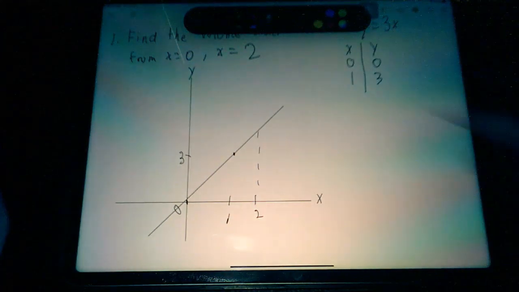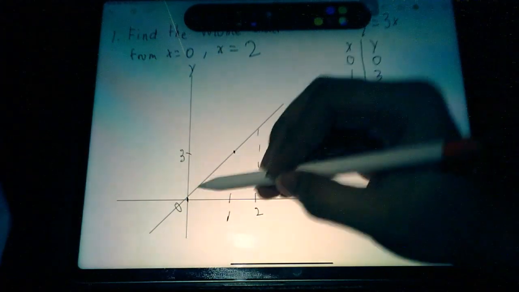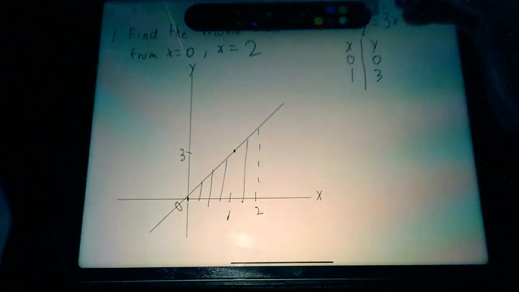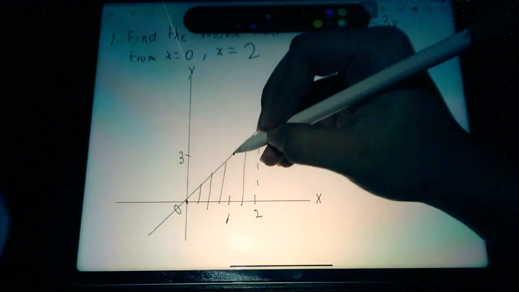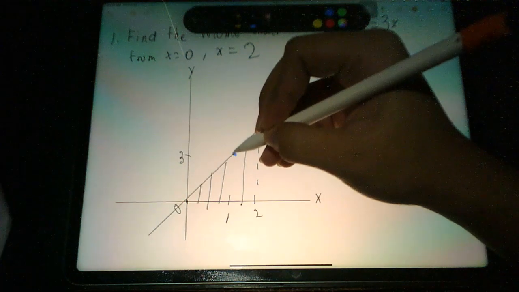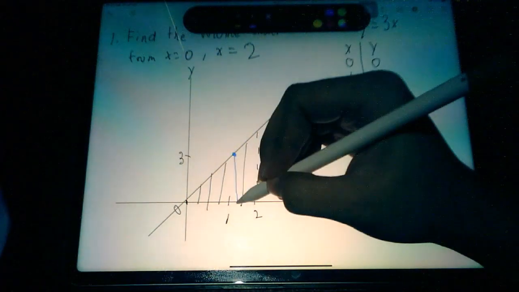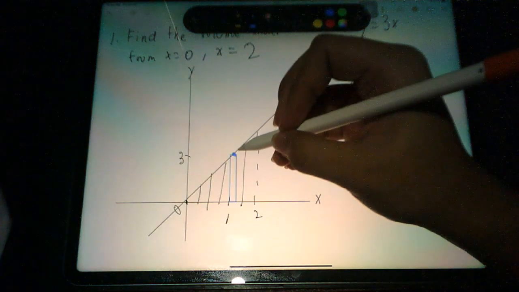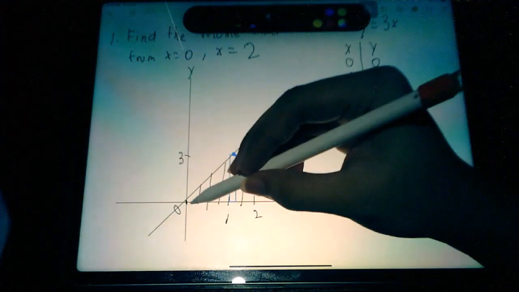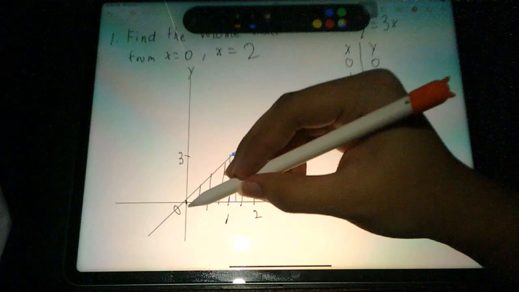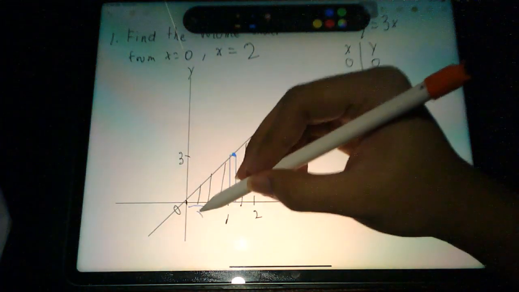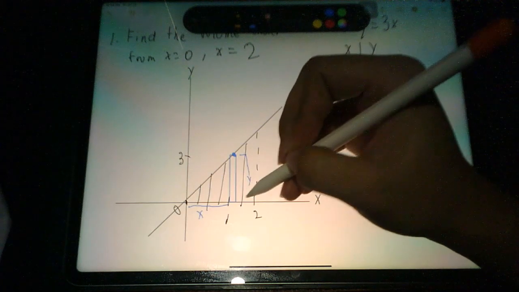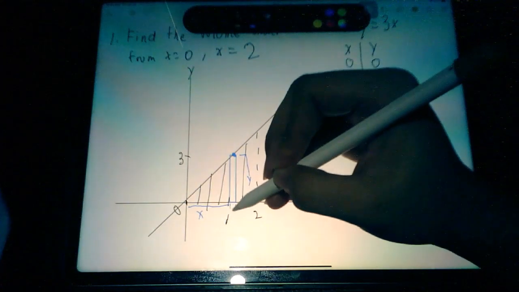So we shade this part because this is our area of interest. First we need to put a point here that will become our vertical strip. The distance from the origin to this point is just equal to x, the height of this is just equal to y, and the thickness of this is equal to dx.